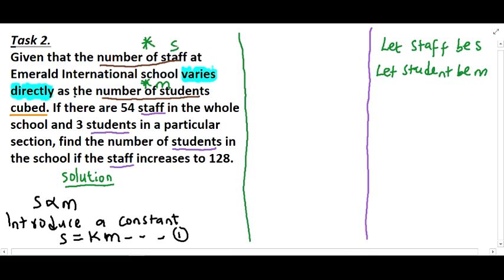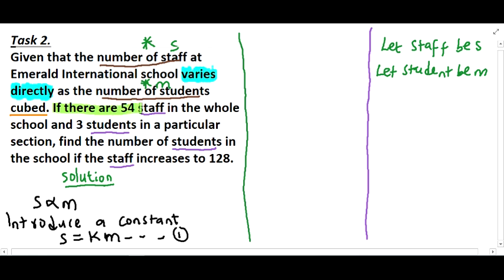It says that if there are 54 staff in the whole school and 3 students in a particular section, so let's go to this next part of the question and fix it. Okay, let's solve from this part now.